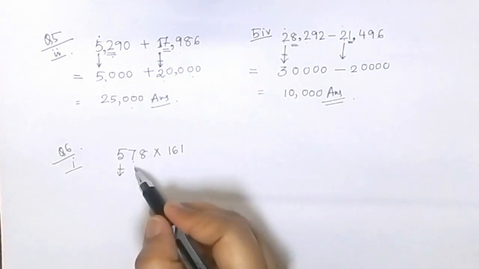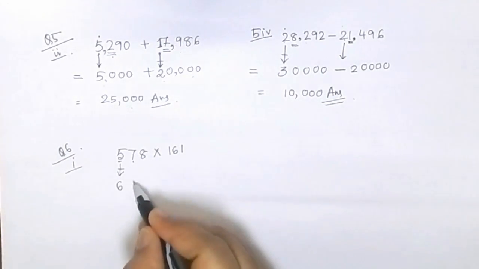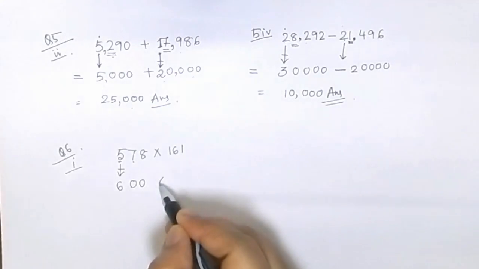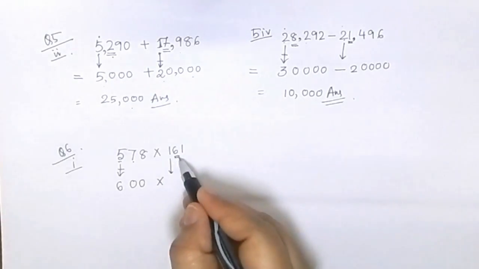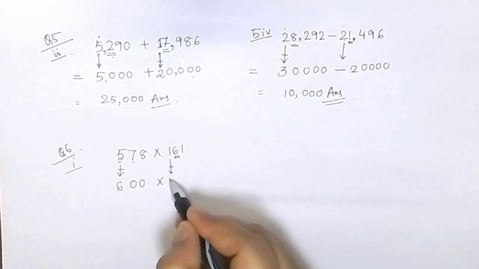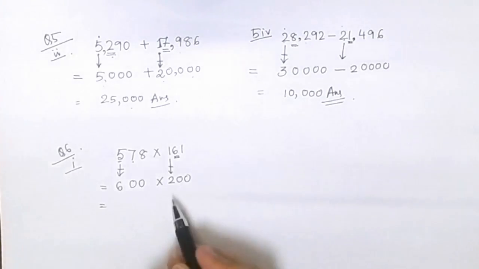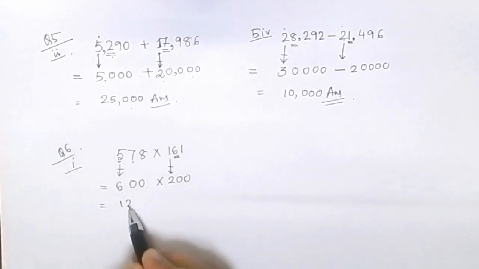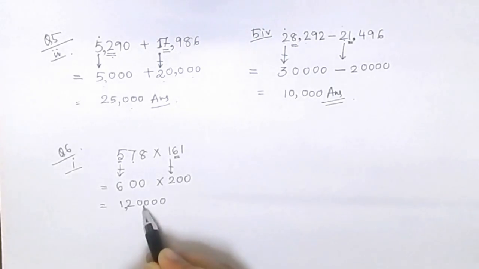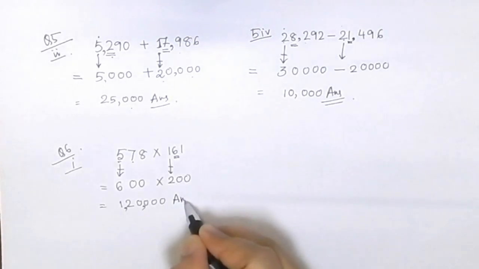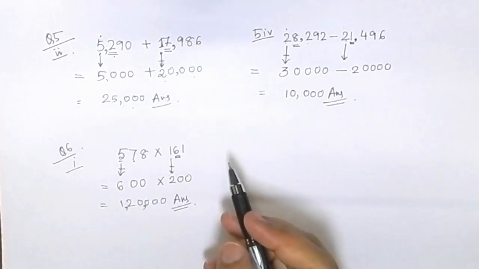Because this is 7, and 7 is more than 5, so this will increase by 1 and the other digits will become 0. This is 1, and the next digit is 6, which is more than 5, so this digit will also increase by 1 and it will become 200. So how much is this? 120000, that is 1,20,000. So this is again a rough estimate of the product of these two numbers.